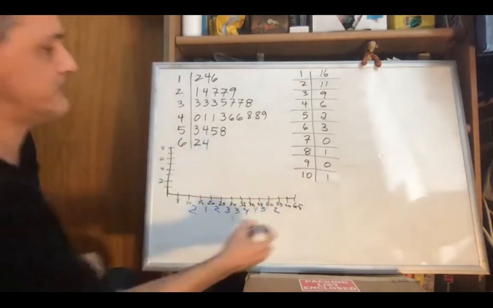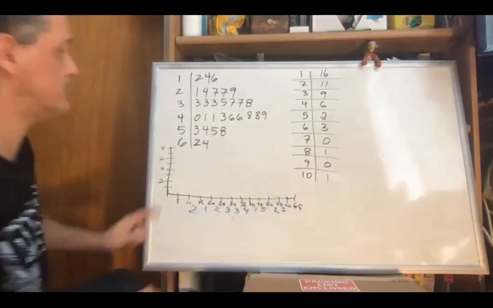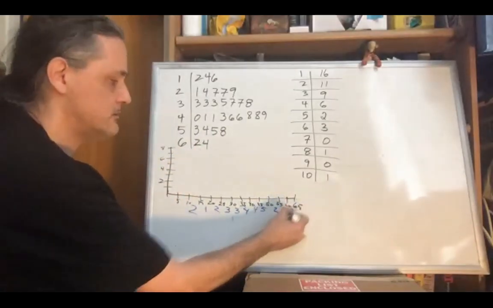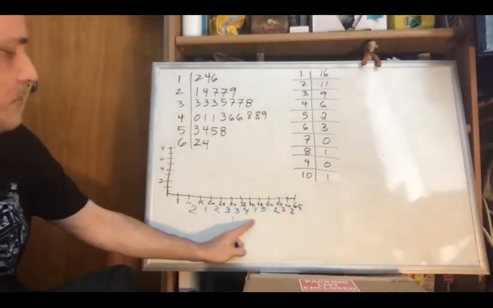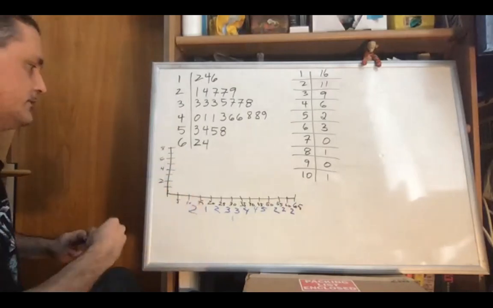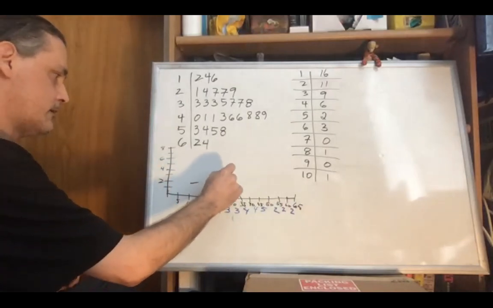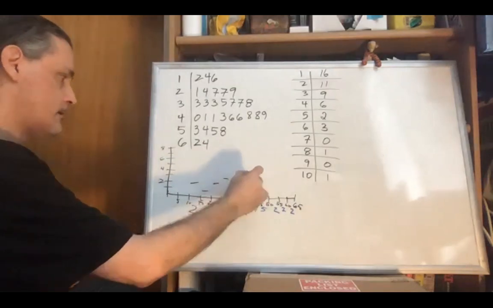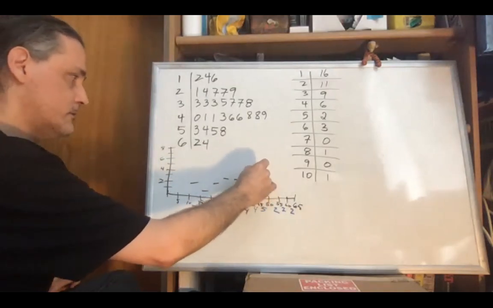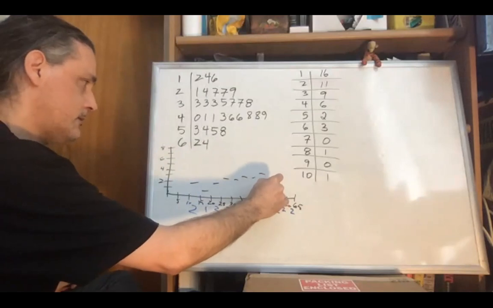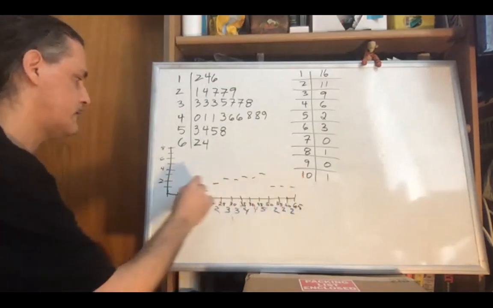And then 55 to 59, two numbers, and then we got two numbers in the 60s. Okay, so you notice if you make your bars, now you can kind of quickly do that. So I'm just going to go ahead and put little marks kind of where they would be. And it doesn't have to be perfect because we just want to kind of get an idea of what this looks like.